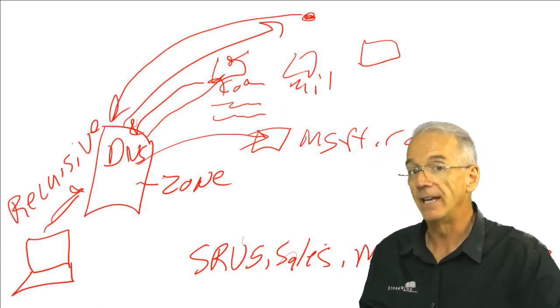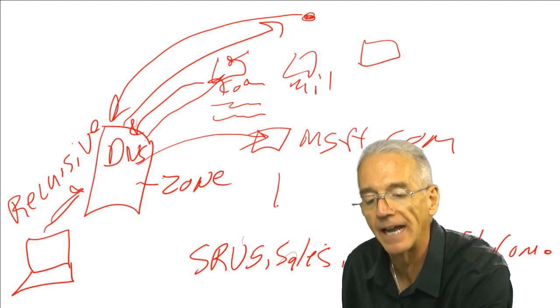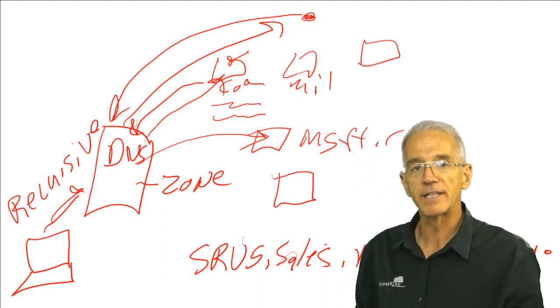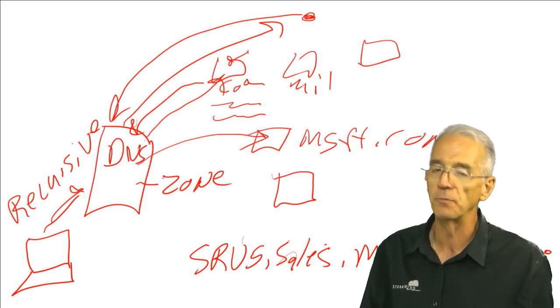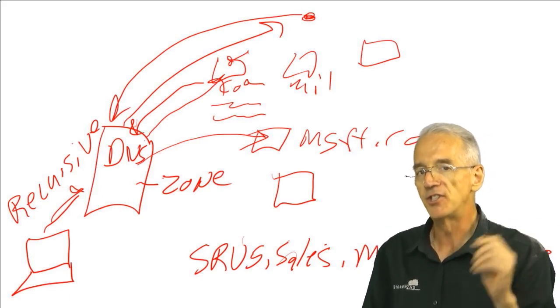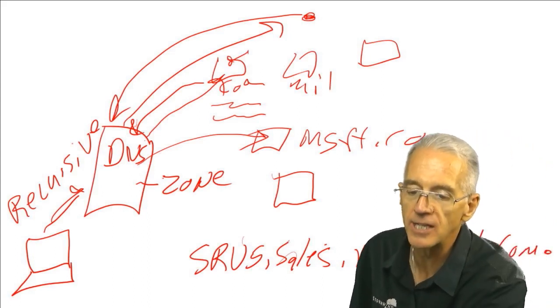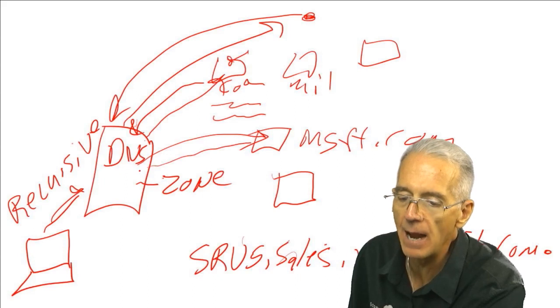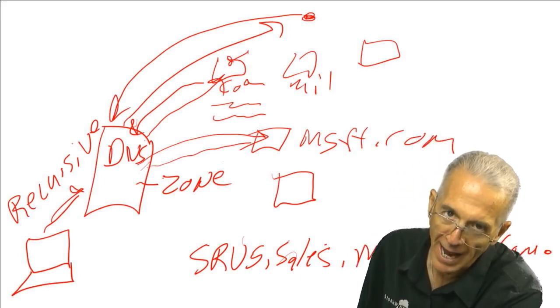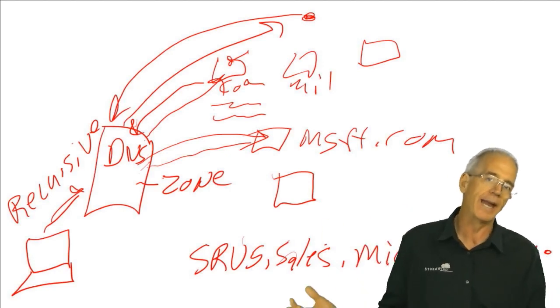However, it is authoritative for the name, but we're doing what is called a delegated subdomain. Let's say, for example, that for sales, Microsoft doesn't want to host it. They don't want to host the records for it. Instead, this is going to be hosted by GoDaddy. So it could say, oh, for that particular name, we have a delegated subdomain, and the machine that you need to go to is server15.godaddy.com.